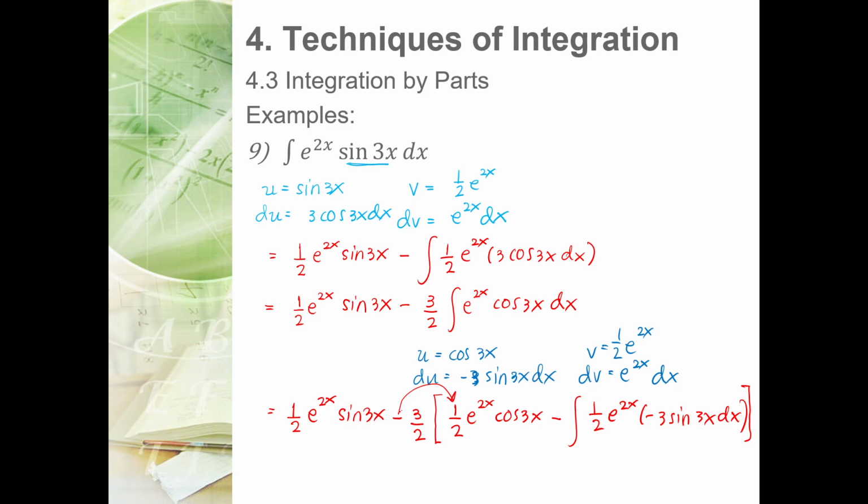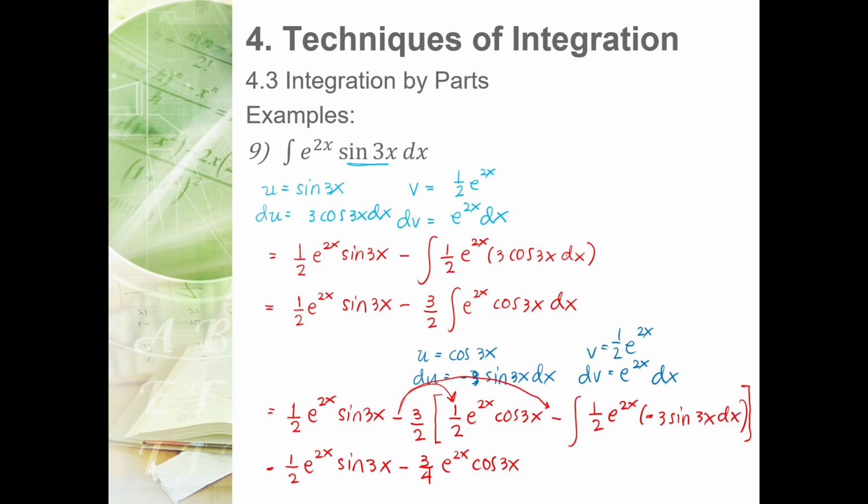And then this one is, on the other side, 1 half e raised to 2x sine 3x, and then minus 3/4 e raised to 2x cosine 3x.